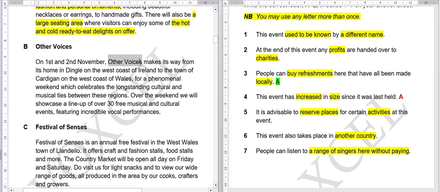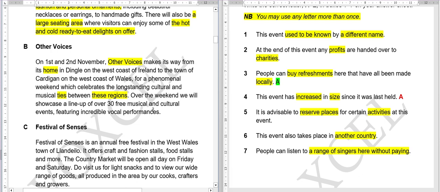This is the particular name, Other Voices, makes its way from its home. Wherever it starts, it makes its way from Ireland to Wales, and it celebrates the long-standing cultural and musical ties between these regions. Whatever ties are between these regions, cultural and musical ties, this particular event celebrates that.